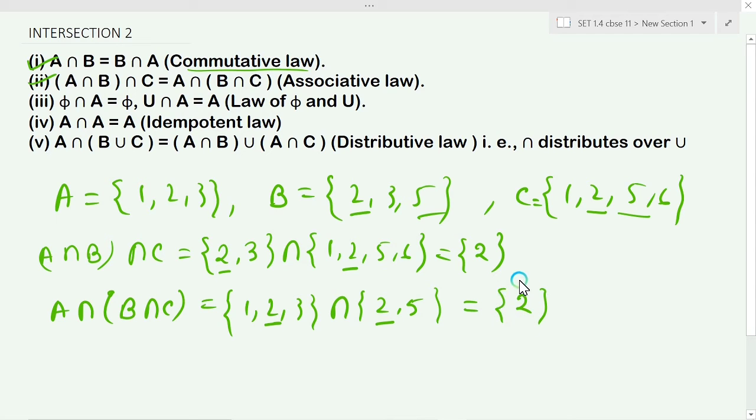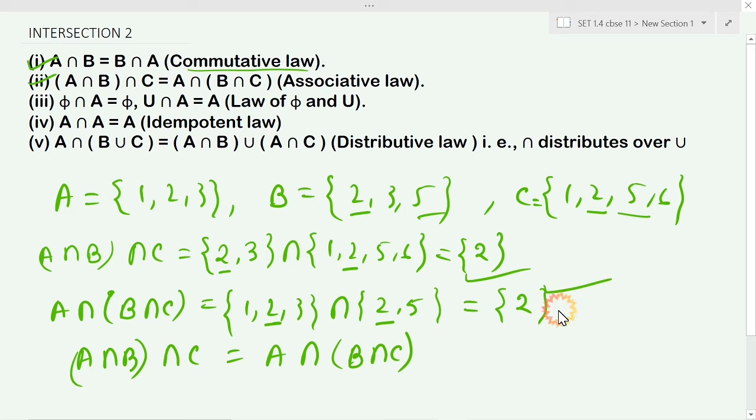So (A intersection B) intersection C equals A intersection (B intersection C), because both contain the same element, 2, and this law is called associative law.